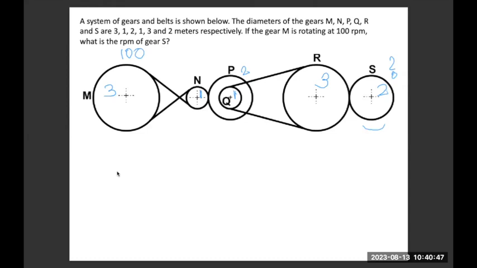Here, in this case, you just have to use one formula, which is, I'll just write rotations, okay? Rho is equal to 1 upon radius.